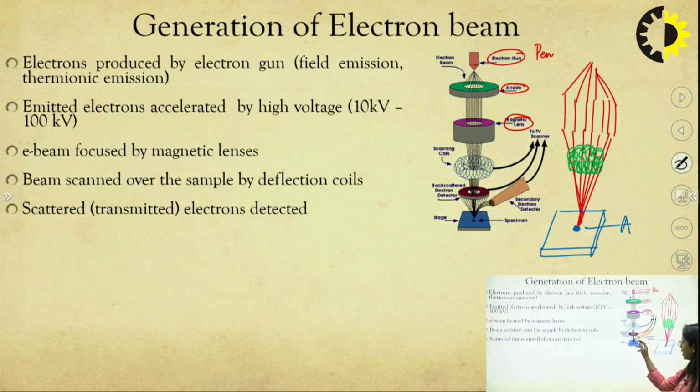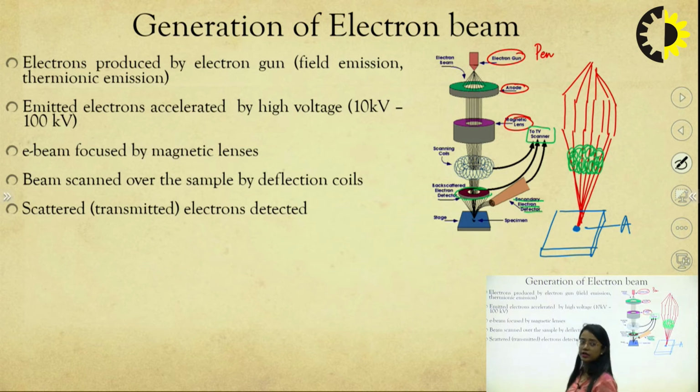Then we have the back scattered electron detector. Back scattering means it stops back scattering and it helps in focusing. Then we have a secondary electron detector also, and we have an input to the TV scanner also. So this is a complete automated system we can see in this diagram.